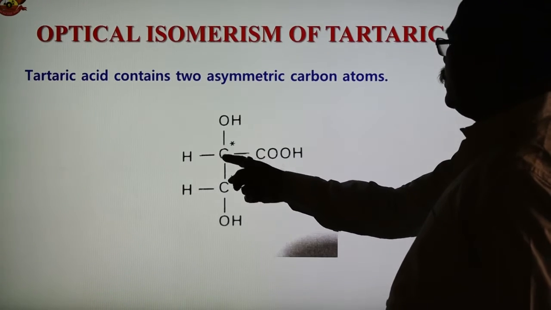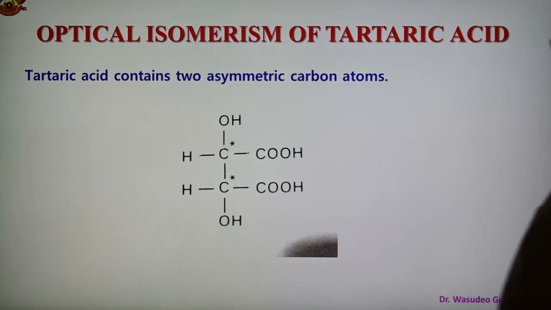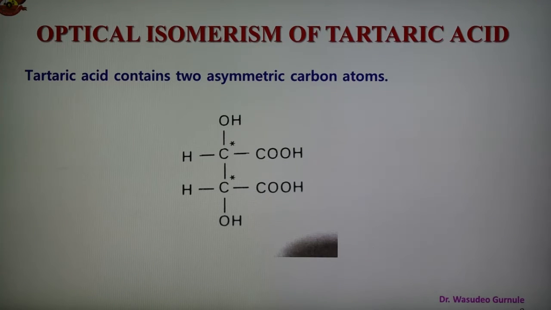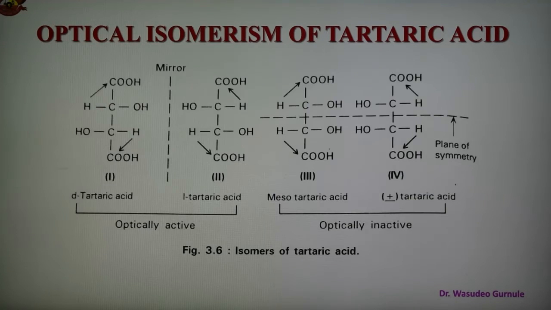These are the 2 stereogenic centers. This is the structure of tartaric acid, which contains 2 OH groups and 2 COOH groups. So what are its optical isomers is shown here.